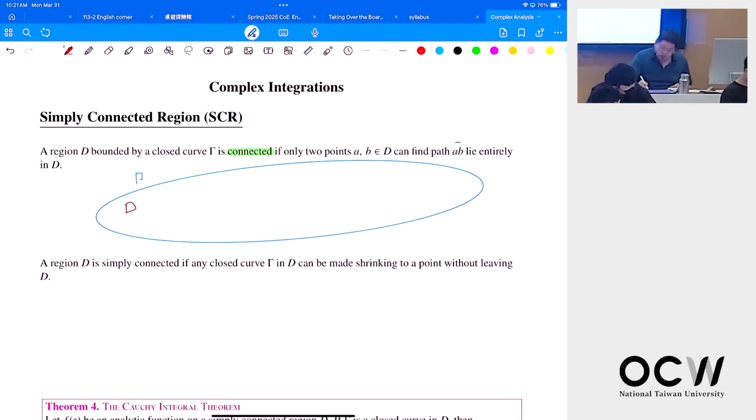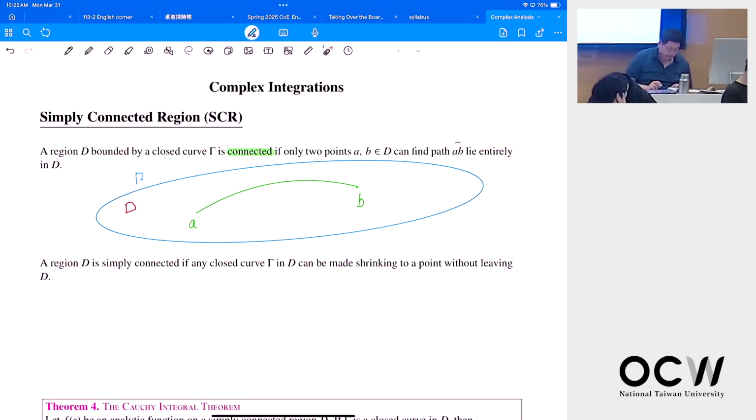So if I have 2 points, say A and B, here's A, and here's B, I can find a path. So here's the path, and this path is entirely in the region D. Then we call this region D connected.